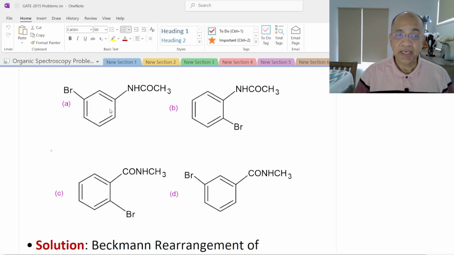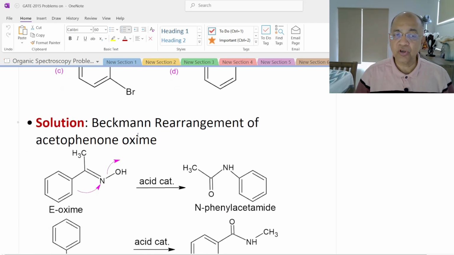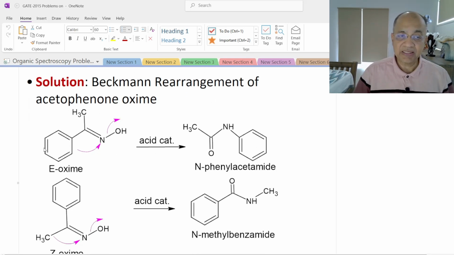Is it a bromo derivative of N-phenyl acetamide, or acetanilide, meta or ortho, or is it a bromo derivative of N-methyl benzamide, ortho or meta? So let us go for the Beckmann rearrangement of acetophenone oxime.